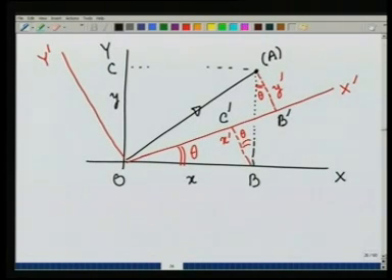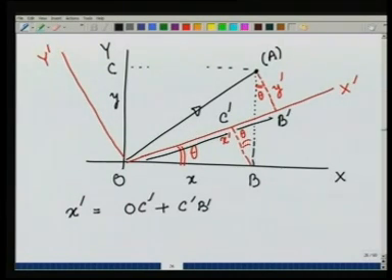So, we see that the x prime component is going to be equal to O C prime plus C prime B prime, that is this plus this. And let me also call this point where it intersects as D.